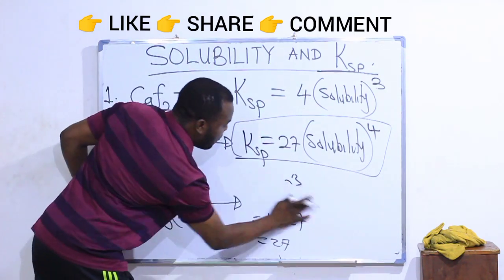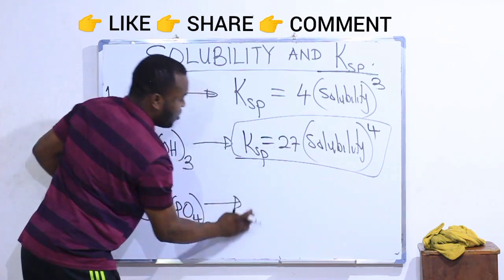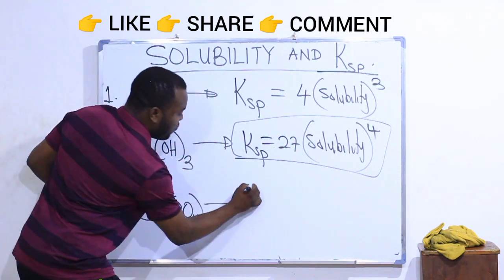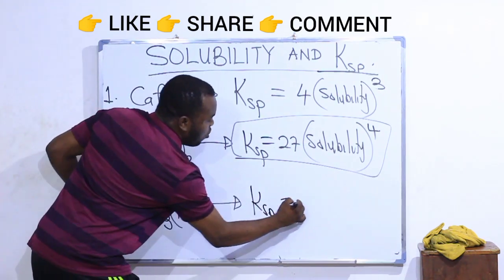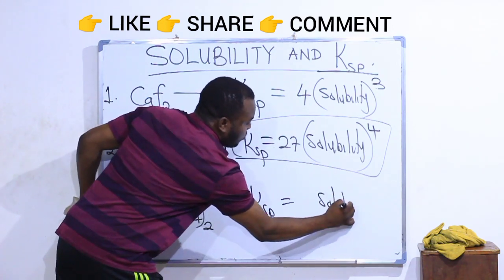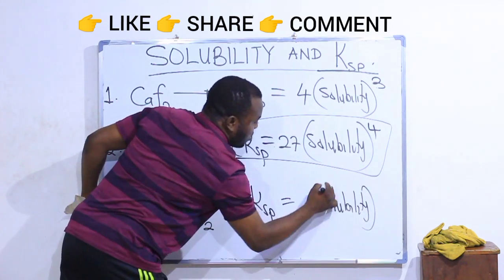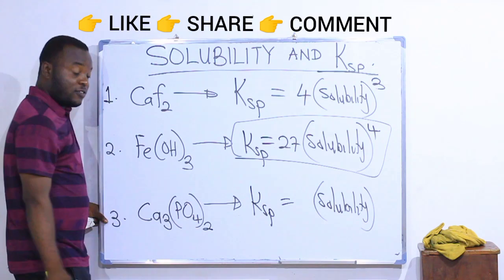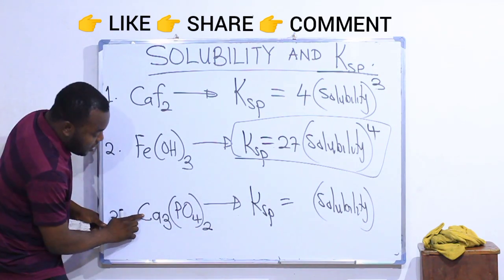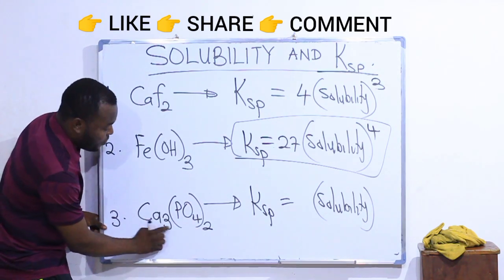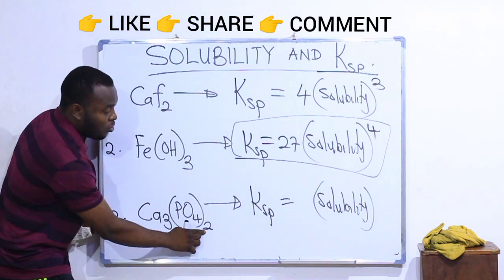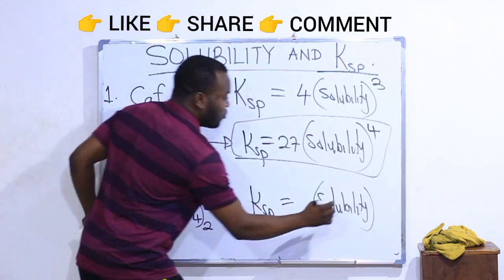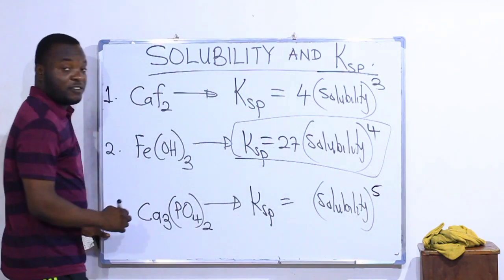The last one we have here is calcium phosphate. So the Ksp for this will give us Ksp equals, put your solubility, give it a power, give it a coefficient. The power, how many calcium can you find here? 3. How many phosphates? 2. 3 plus 2 gives us 5. That's the power.